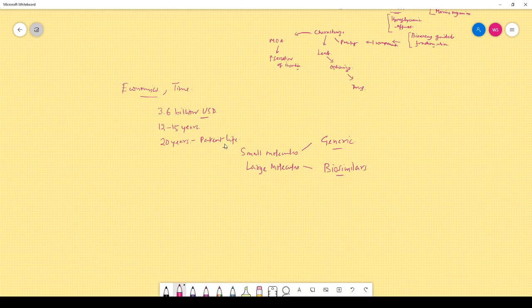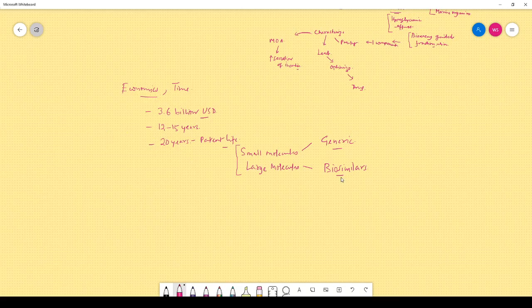Okay, so there are now some legal changes which allow other companies to start making biologics during the patent life itself. Okay, but then that is applicable to the US market. Okay, so this is the economics of drug discovery.